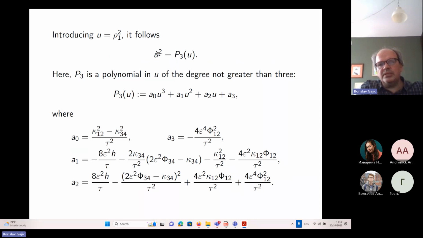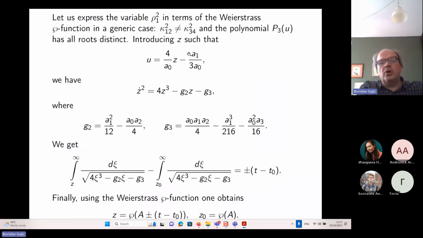So one gets that u is, in the general situation, an elliptic function of time. And we found that after this linear change of variables, z is linear in u, and the solution can be expressed using the Weierstrass P function.